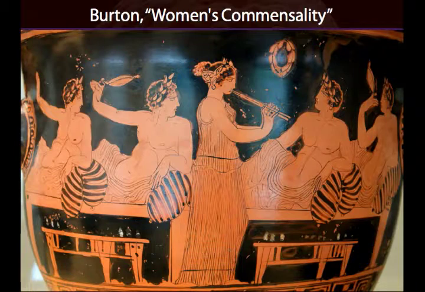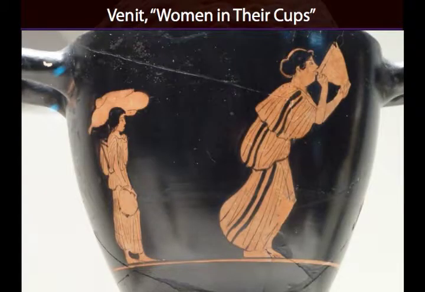The implication is primarily that men are not trustworthy in those situations. So the commensality situation is complex, and the women in their cups is also an interesting little article.